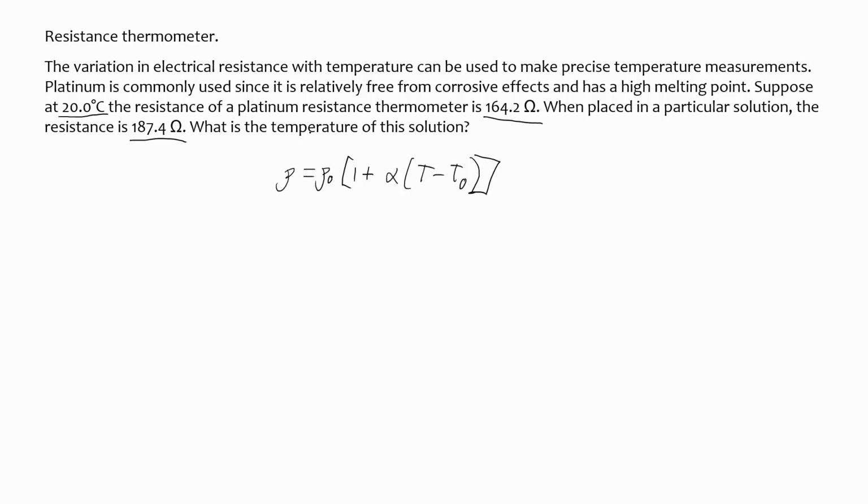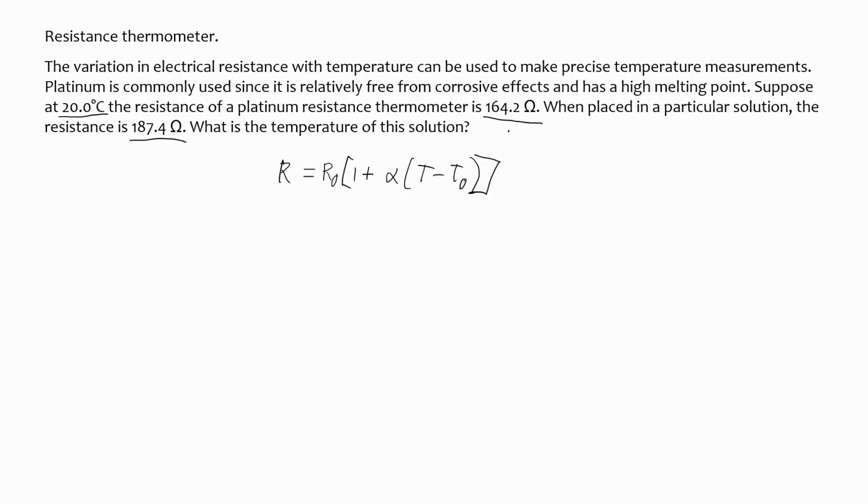Now, here it gives us resistance values, and our equation is in resistivity values, but all we have to do is multiply both sides of our equation by L over A, which is a valid thing to do, and these resistivities become resistances. So, goodbye resistivities, hello resistances. So you can use either of those quantities for this equation.